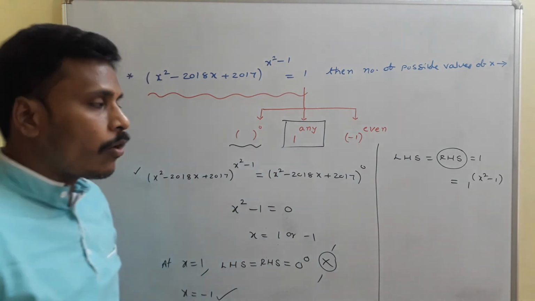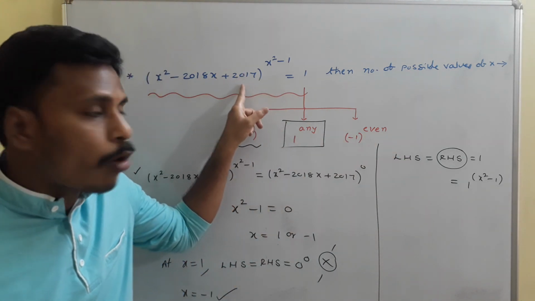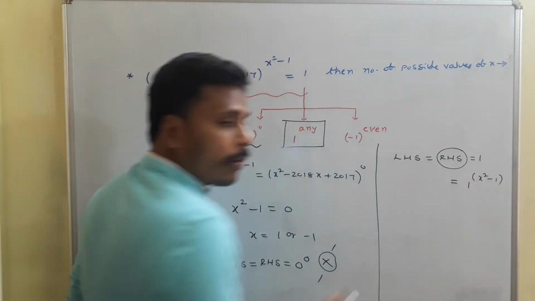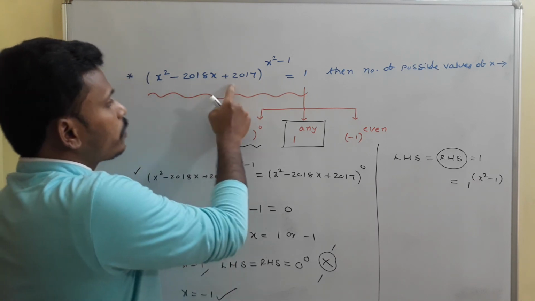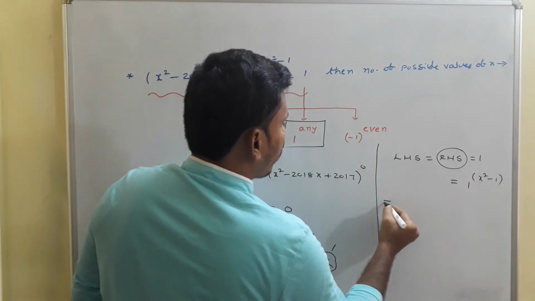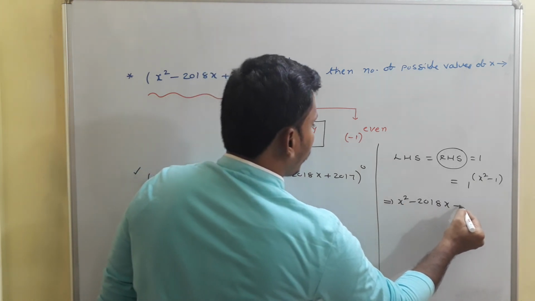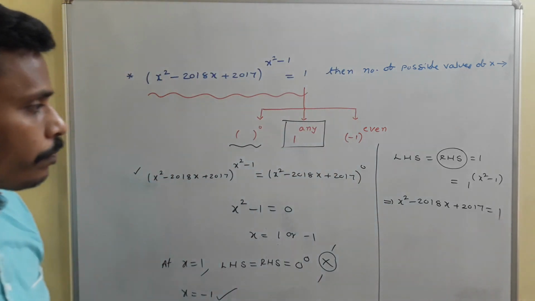For both, x square minus 1 is a common thing, so you need to equalize the base. That implies x square minus 2018x plus 2017 is equal to 1.